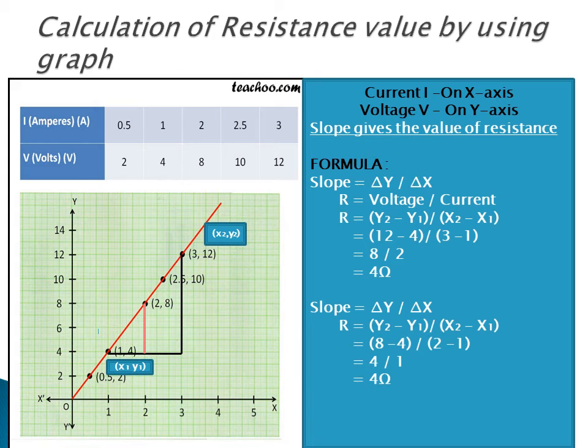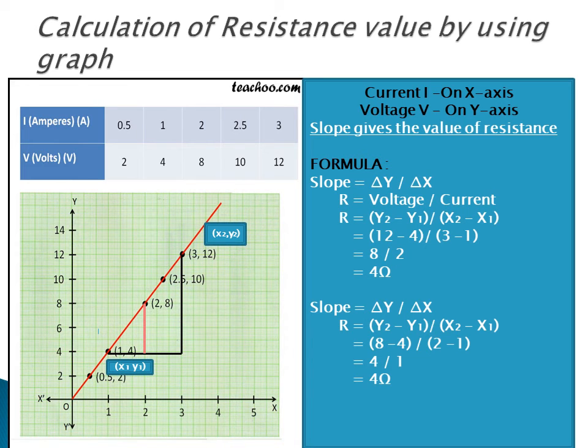Now let's see how to calculate the slope of this line. For that we have to consider any 2 points on the line. Here we consider the 2 points with coordinates 1 and 4. That means 1 represents the x1 value and 4 represents the y1 value.